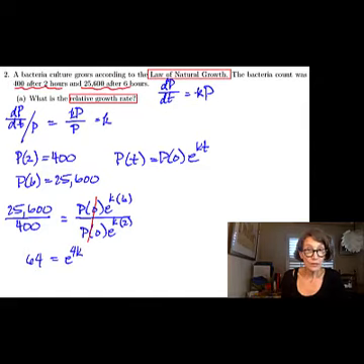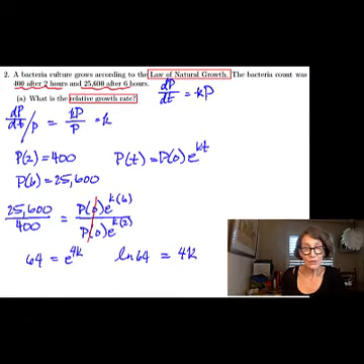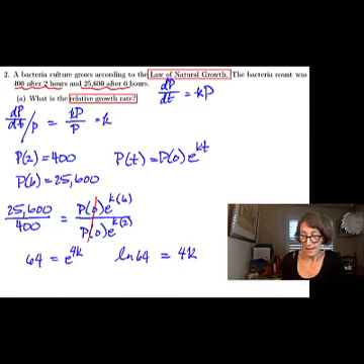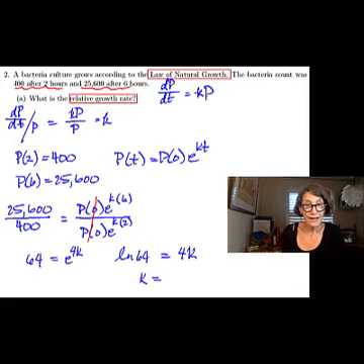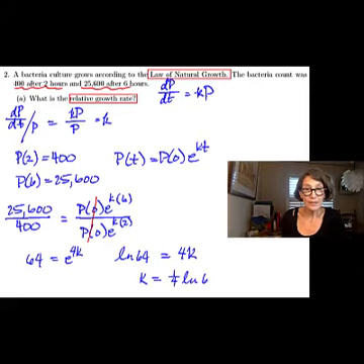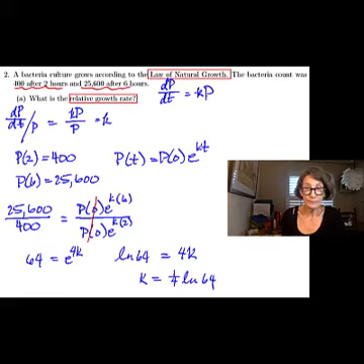Remember, we're trying to solve for k. k is in the exponent, so the way we get it down is we take the natural log of both sides. So we've got the natural log of 64 equal to 4k. So k is 1/4 times the natural log of 64.